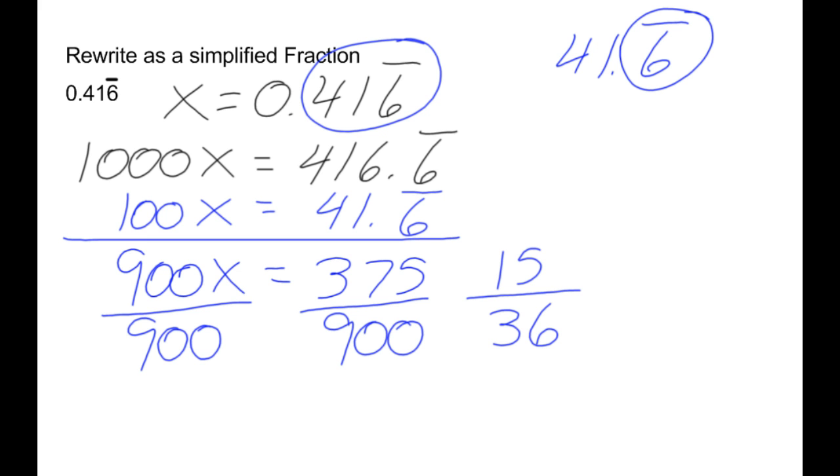I'll have to double check that. 3 goes into both of them. 3 goes into 15 5 times, and 3 goes into 36 12 times. So we get 5 12ths. The 36 part I got to double check. Yes, and since you have a calculator, you've already discovered that that is correct. So we get 5 12ths as your answer.